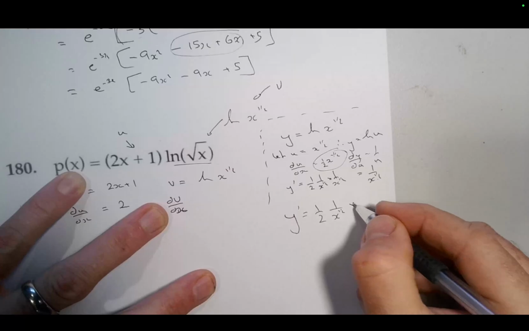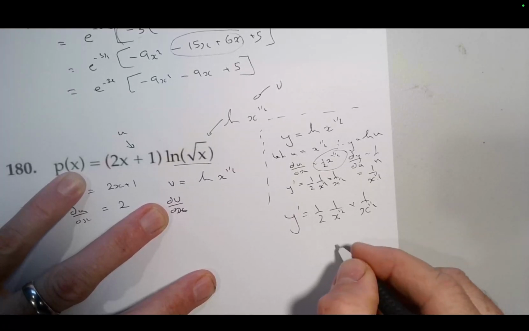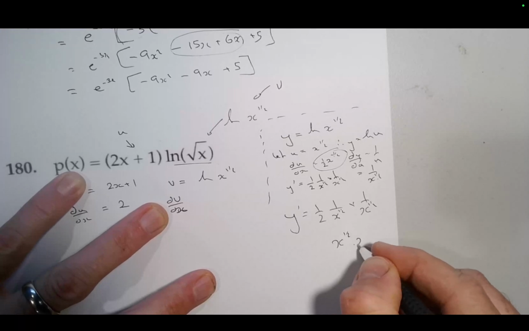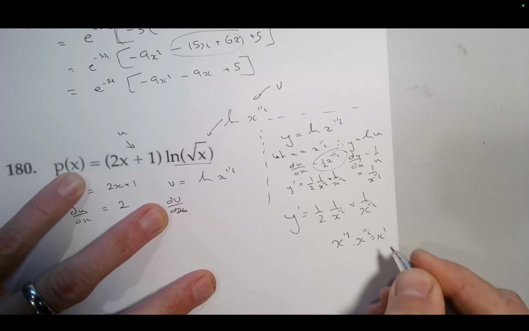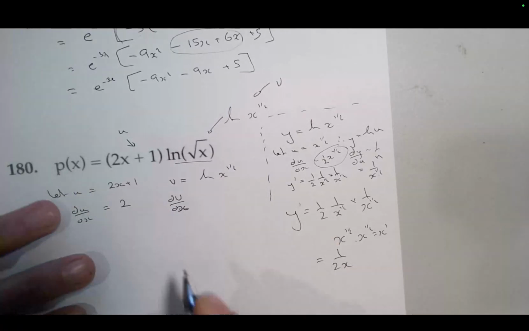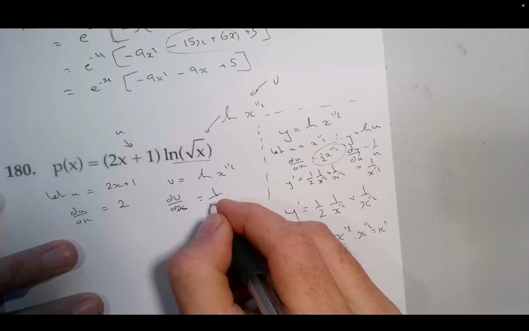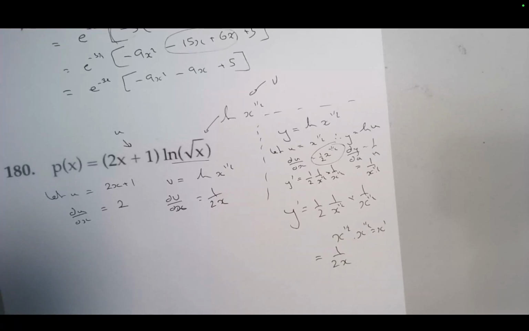That times that, what's that? That's like saying x to the half times x to the half, which is x to the power of 1. So all that gave you this. That's interesting. So that went in here: 1 over 2x.